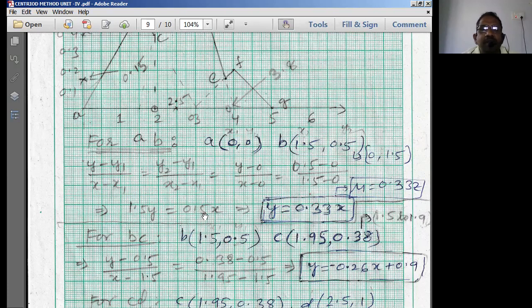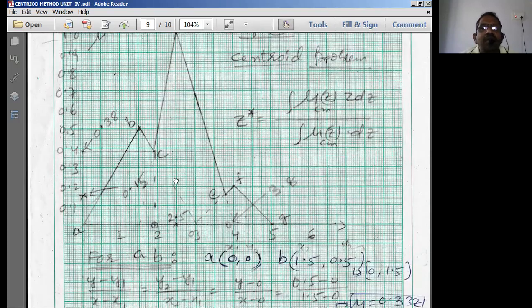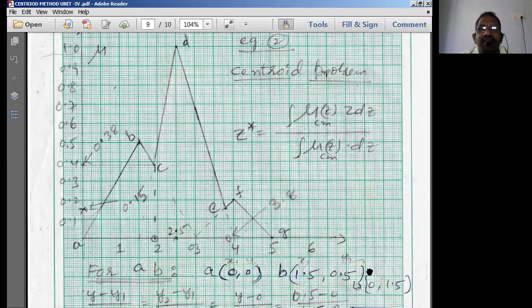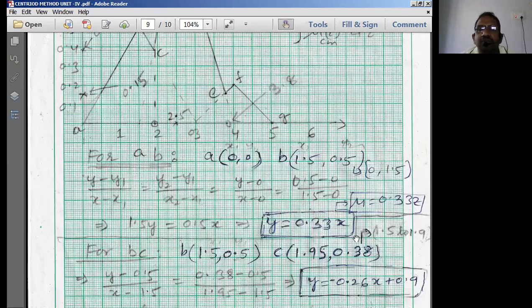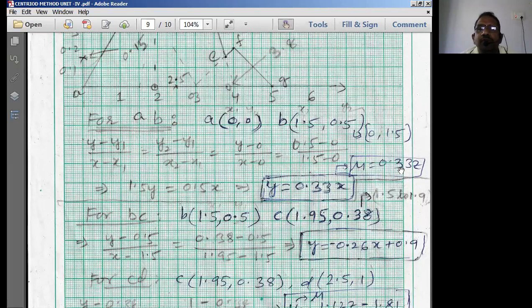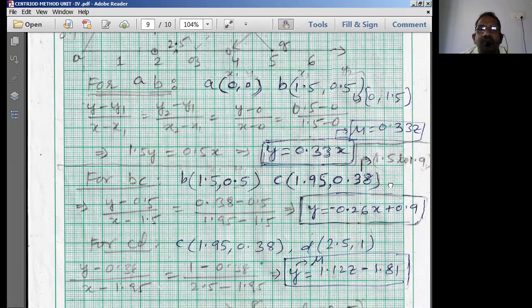So finally we get 1.5y is equal to 0.5x, and solving this, y is equal to 0.33x. This is the generalized equation of a straight line. On the y-axis we have mu, on the x-axis we have z, so we represent y with mu and x with z. Therefore mu is equal to 0.33z.